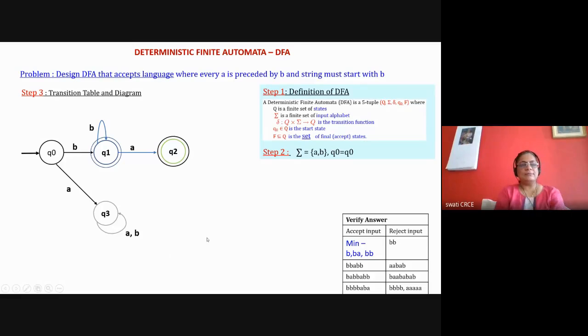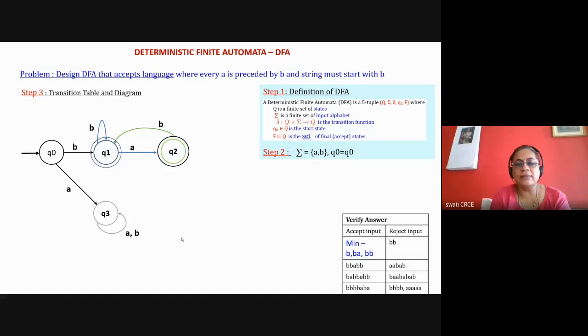Now for the state Q2, if there is any A, it is becoming BAA, so it is a dead state.